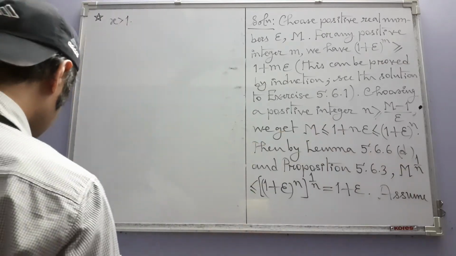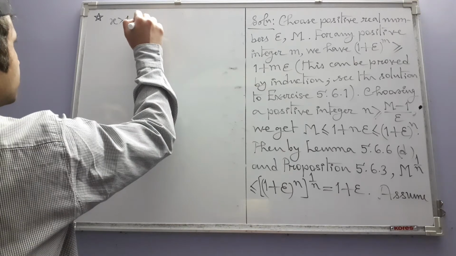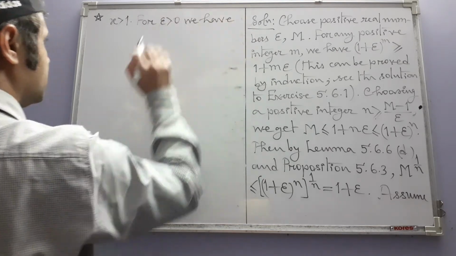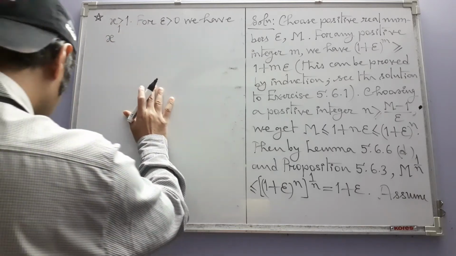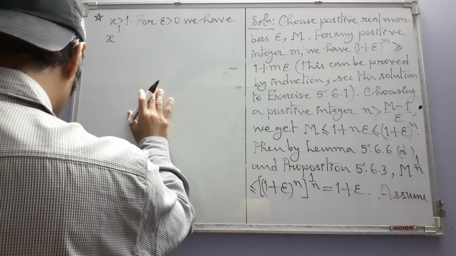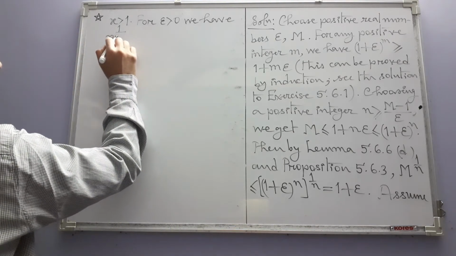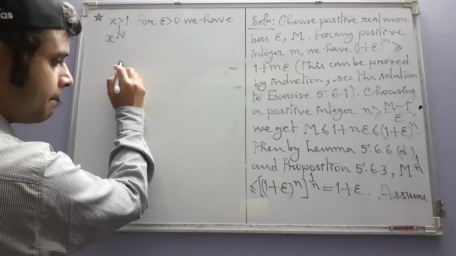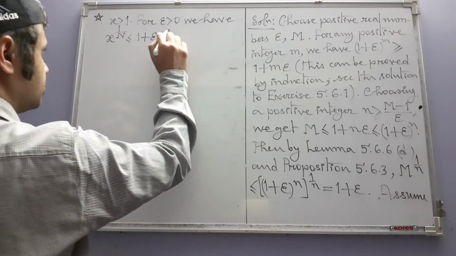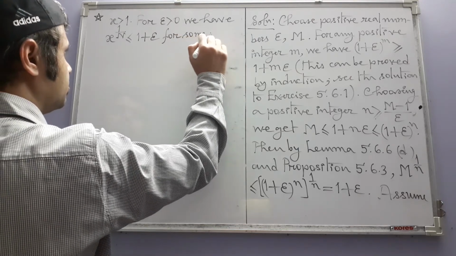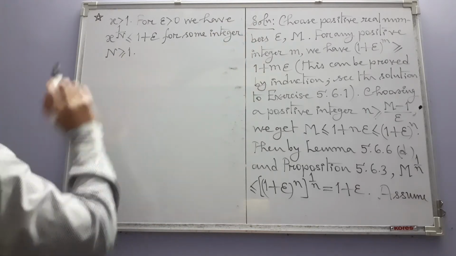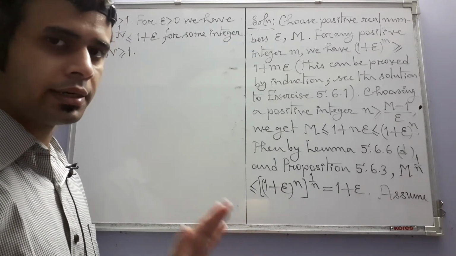So we write for epsilon greater than 0, we have x to the power 1 over n less than or equal to 1 plus epsilon for some positive integer capital N. Just now I was wrongly interpreting something.